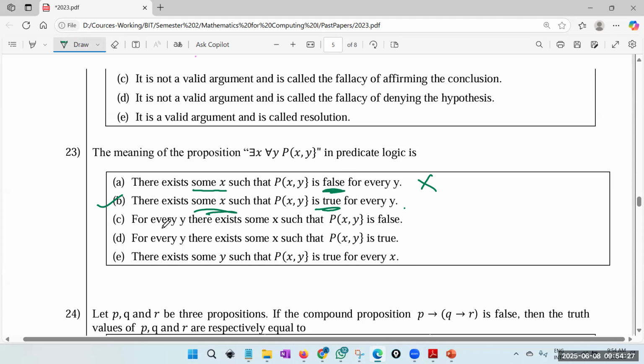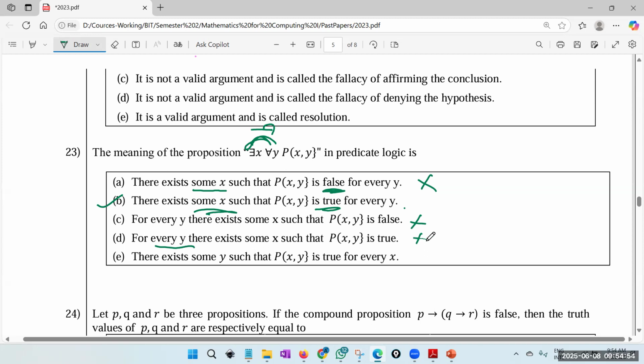For every y, there is some x such that P(x,y) is false. No. So you start with there exists some x, not every y value. But I think we can write it like this also. For every y, yes, all y. No, I don't think we can swap this. So we need to read it from left to right.